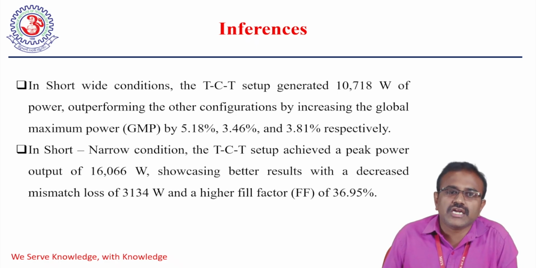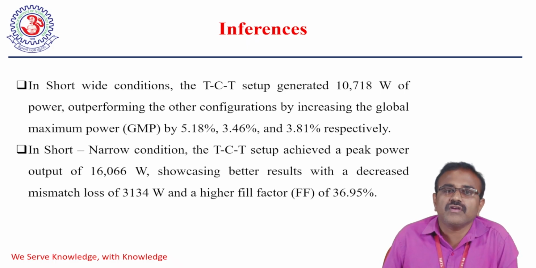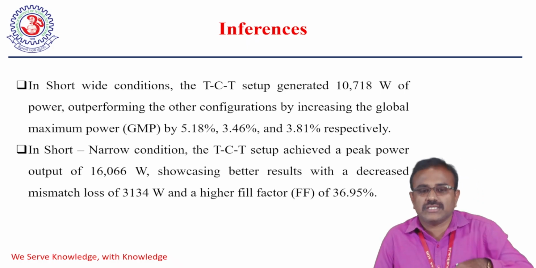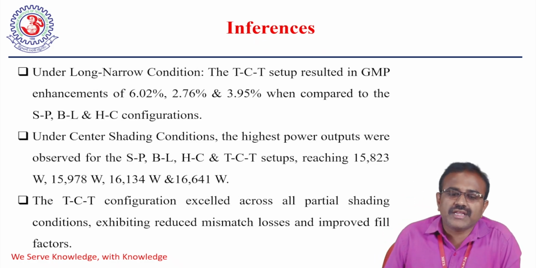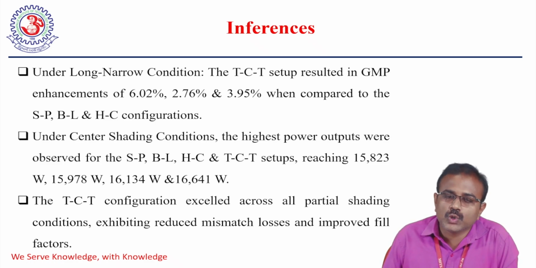Similarly, in our short narrow condition, our proposed TCT model achieved a peak power output of 16,666 watts, showing better results with a decreased mismatching loss of 3134 watts and a high fill factor of 36.95 percent. Under long narrow shading conditions, the TCT resulted in a GMPP enhancement of 6.02 percent, 2.76 percent and 3.95 percent compared with the series parallel, bridge link and honeycomb configurations.